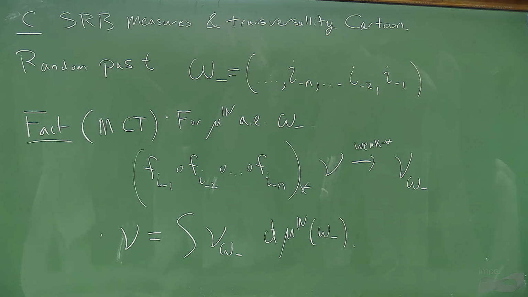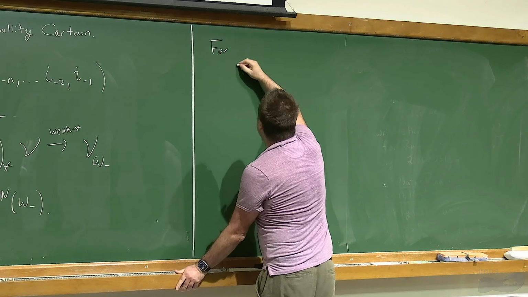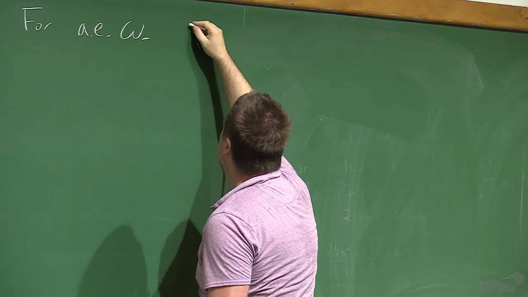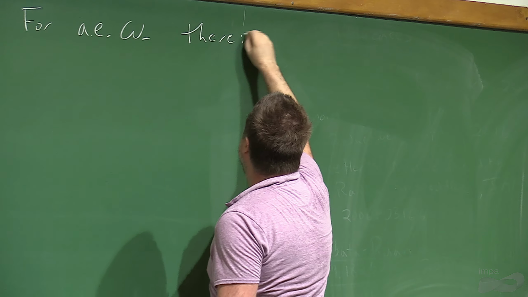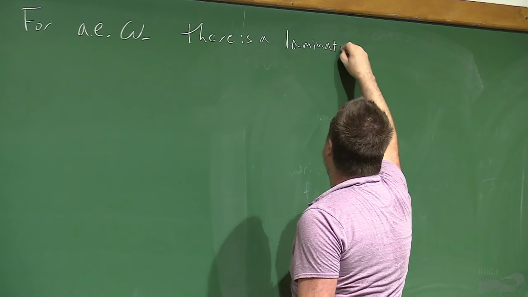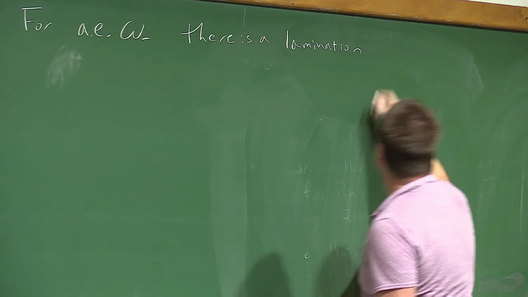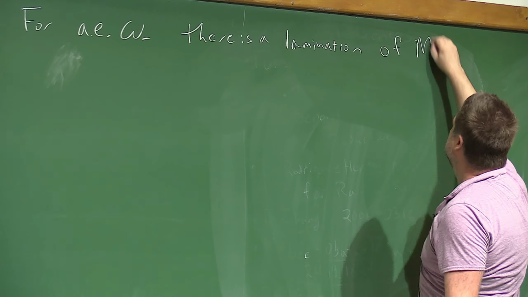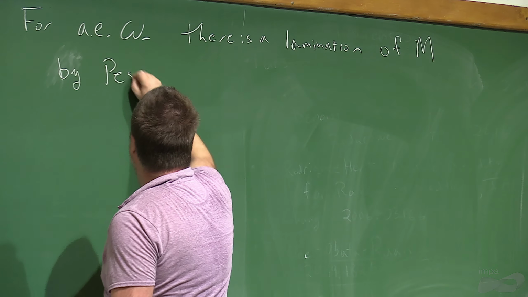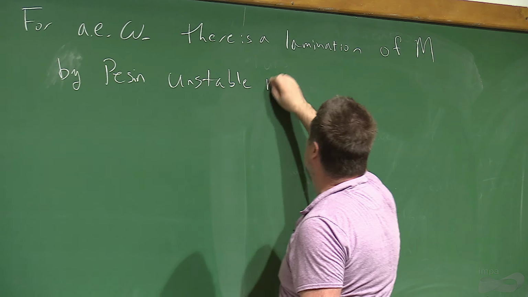And then also you can do Pesin theory. And so for, again, almost every past, there is a lamination of your space M by Pesin unstable manifolds.